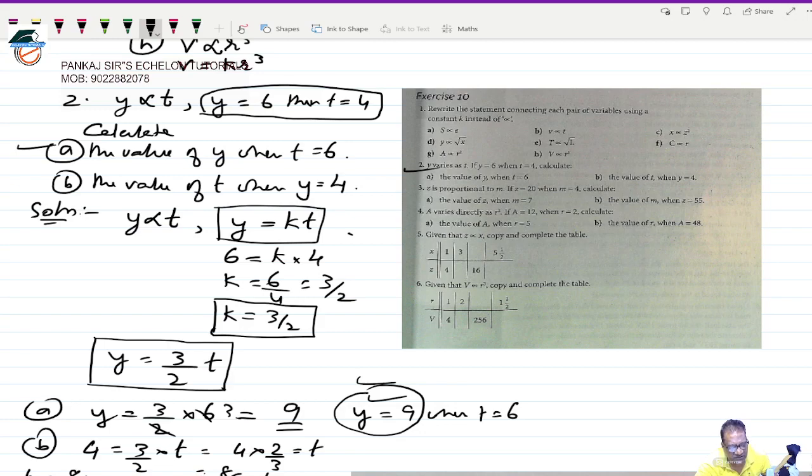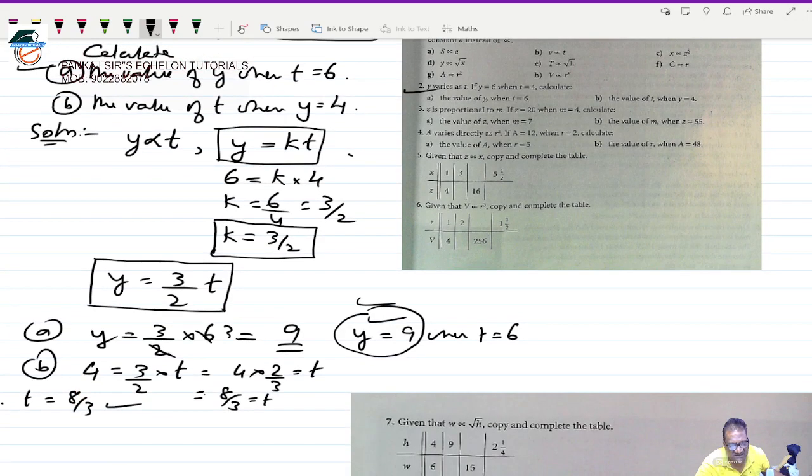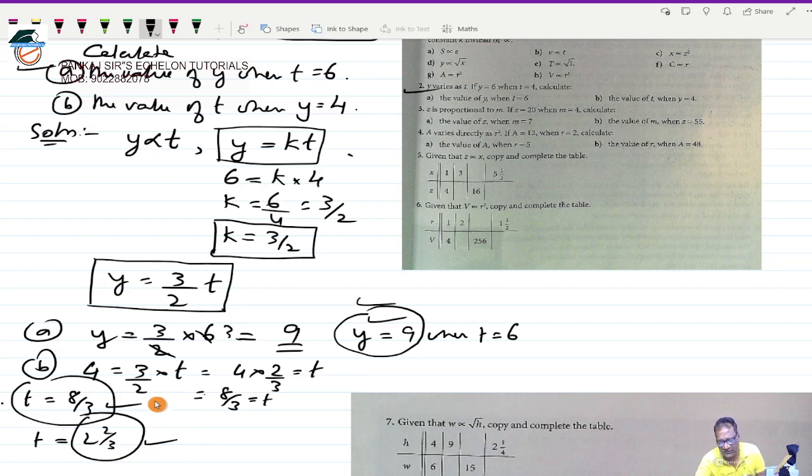So not an issue, both the answers are correct. t is equal to 8 by 3, and in the book it is given as 2 by 3. Now if you know already, these are one and the same. This is an improper fraction, this is a mixed fraction. Is that clear? 3 2s are 6, plus 2, 8 by 3. So both the answers are correct. Fine, so question number 2 is also done.